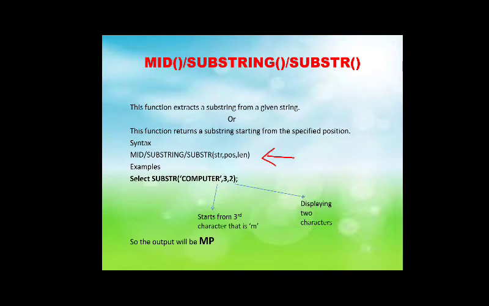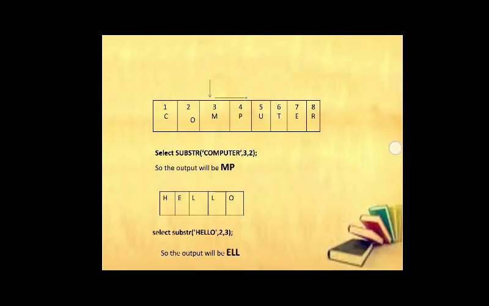From the third character, we will take the substring. And what should be the length of the substring? 2. So from 3, 2 letters are taken. From 3, the third letter is M. Starting from M, 2 letters are taken. So M and P is taken as the substring. There we go. Here, M is the third letter and 2 are taken.